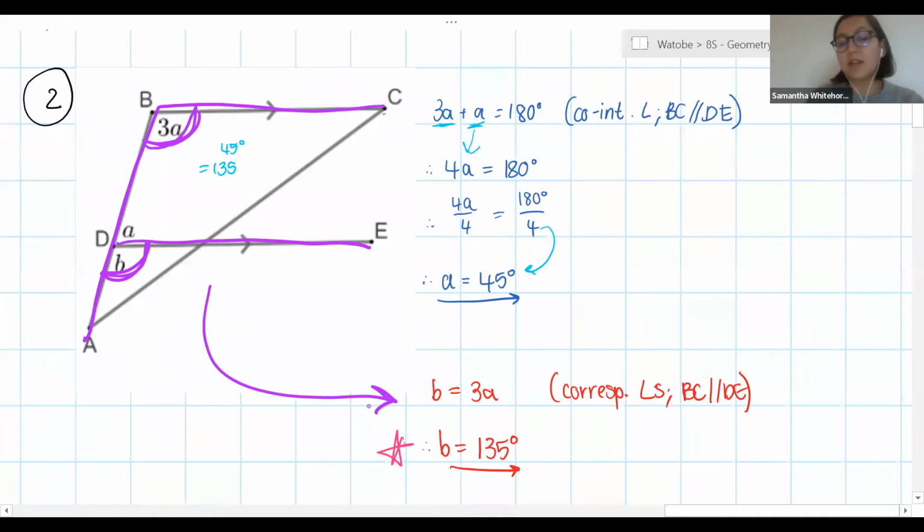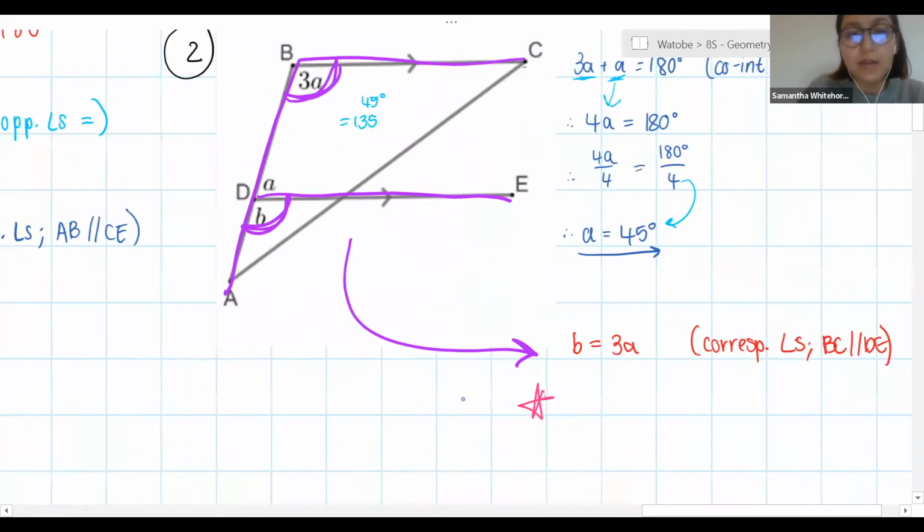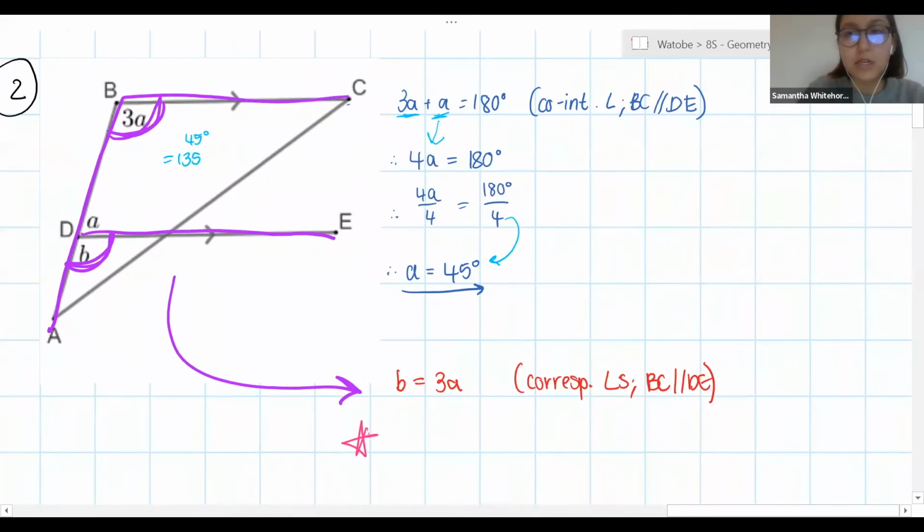I've used the fact that there are corresponding angles to work out what B is, which means that technically I could do a step in between here and say, because I know that A is 45 and 3A is equal to B, I know that B is equal to 3 times 45, which we established was 135 degrees. So that's one way you can do it.